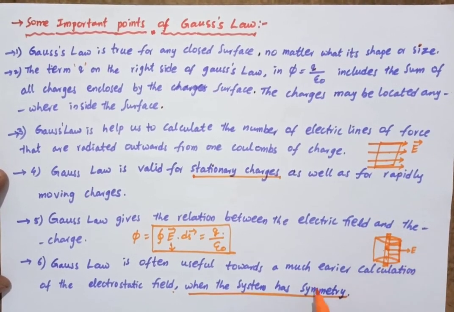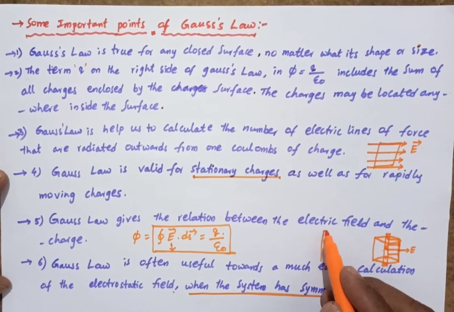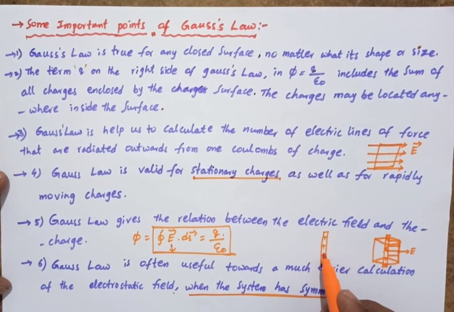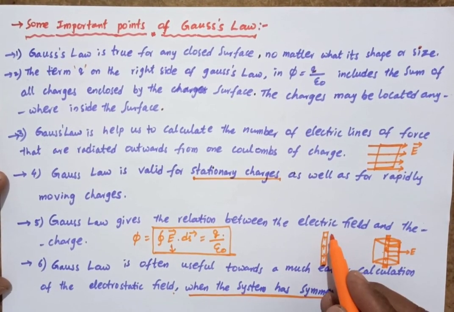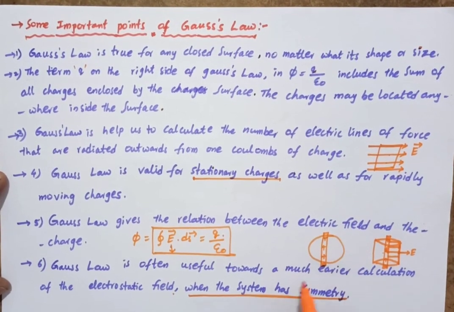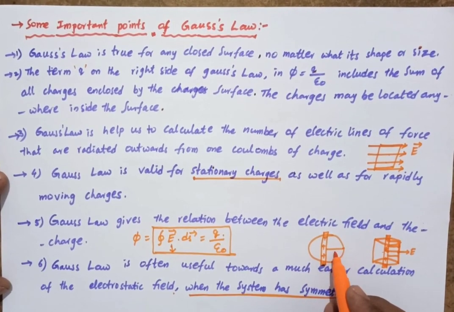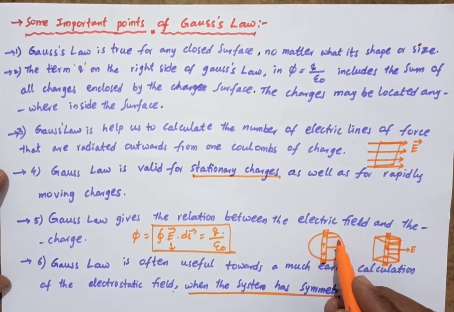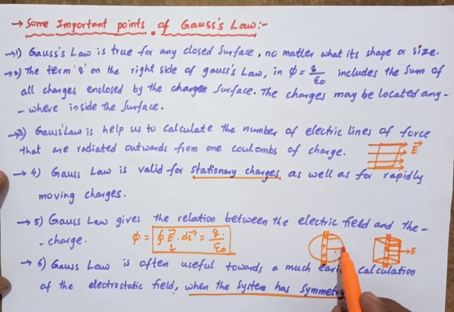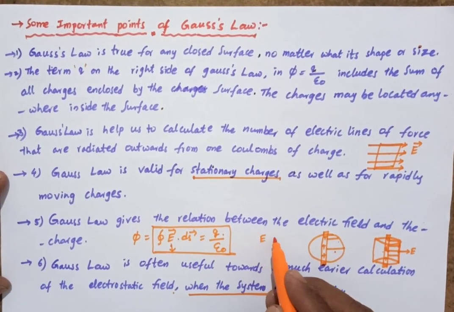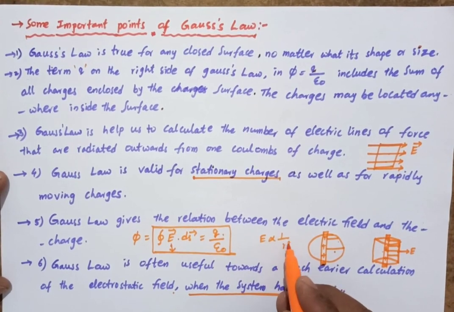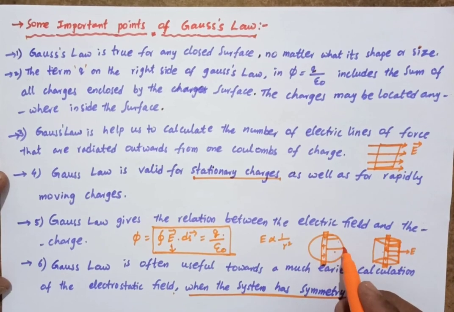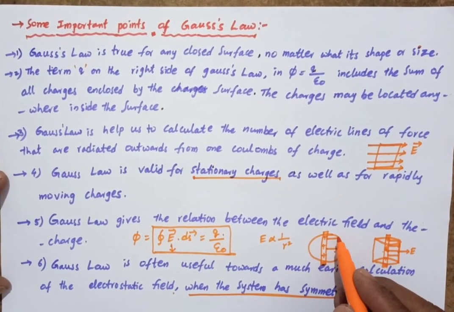For example, we consider a sphere. For this conductor, which is a long infinite conductor, we consider a Gaussian sphere. Where the distance is more, and where the distance is less, the electric field is inversely proportional to r square. At this position the electric field is less, in this position the electric field is more.